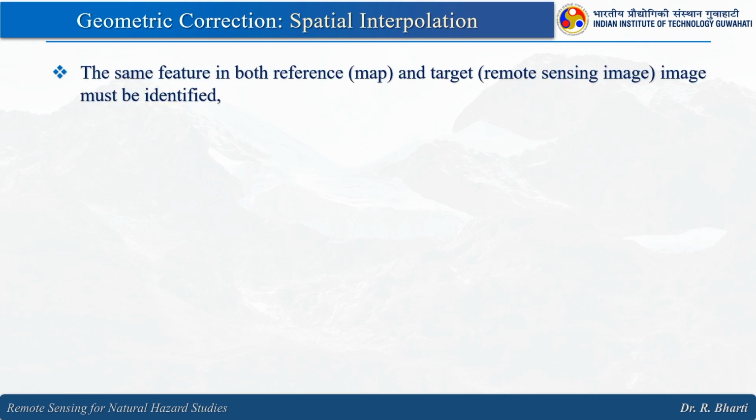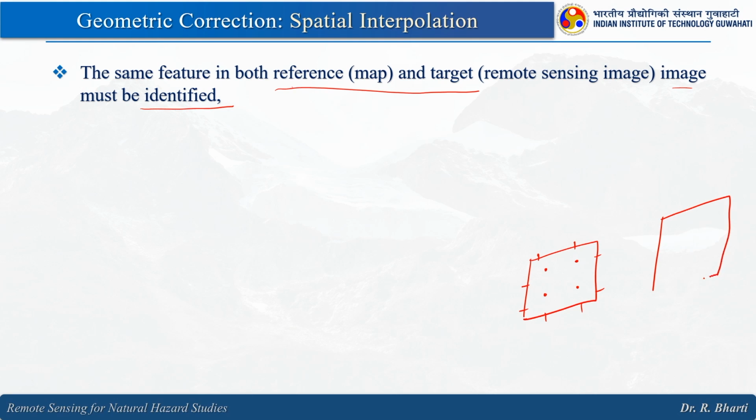In spatial interpolation, basically we are trying to reorient our pixels, right. So the same feature in both the reference and target image must be identified. Now you have a toposheet which is corrected and all these points are known, right, and this is your unregistered map, which is basically your satellite image.